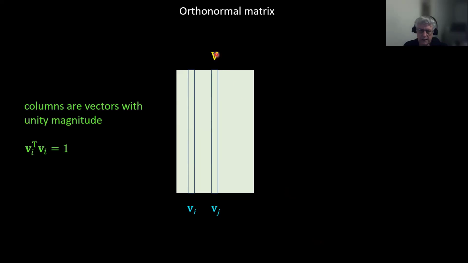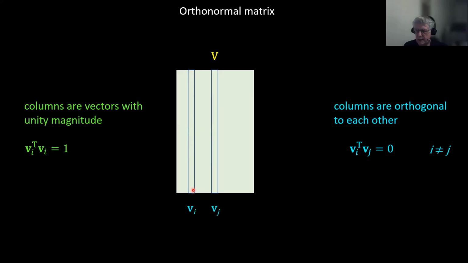If big V is orthonormal, each one of these column vectors has a magnitude of 1. Any one of these columns dot product with another column is 0. That is, any vector which is a column of V is normal to all the other columns of V, and that's expressed by the blue equation.